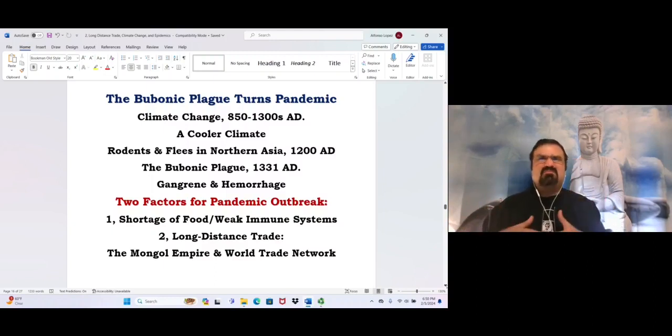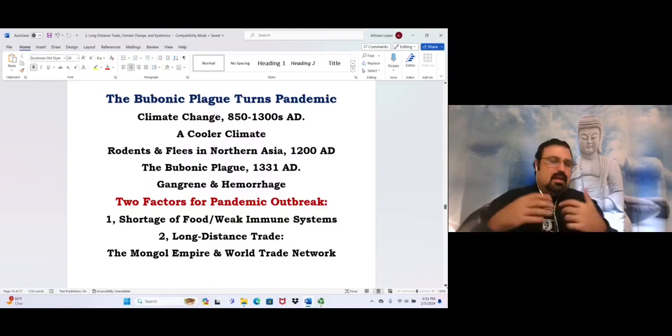Well, just the lack of hygiene during this time everywhere around the world. Again, remember that towns were rather polluted. We have polluted cities in many cases by the standards of 20th and 21st century modern societies.